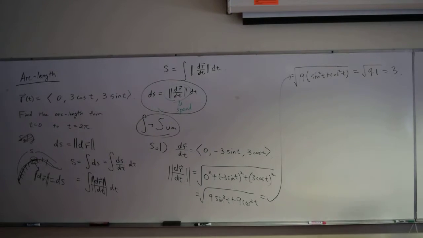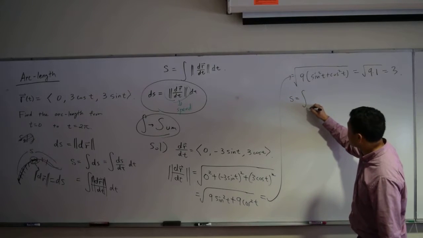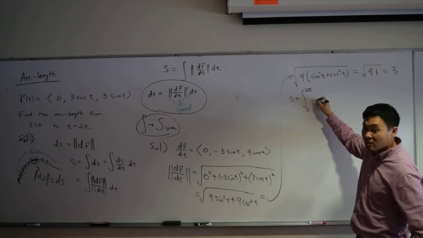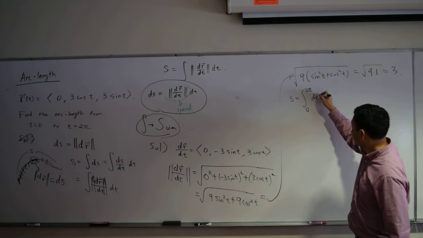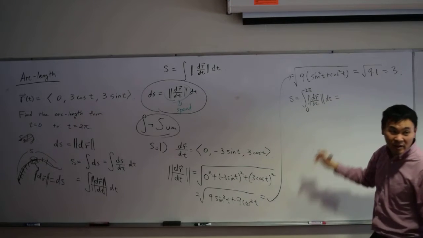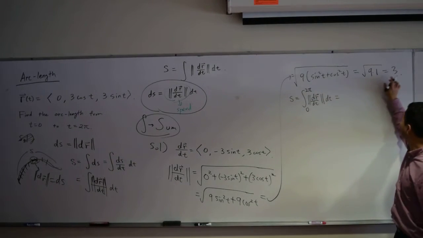Oh, that's easy then. My arc length from t equals 0 to t equals 2 pi is to integrate the norm of dr dt, dt. That's the formula that I have to use. Well, we just calculated this much, and it turned out to be just 3.